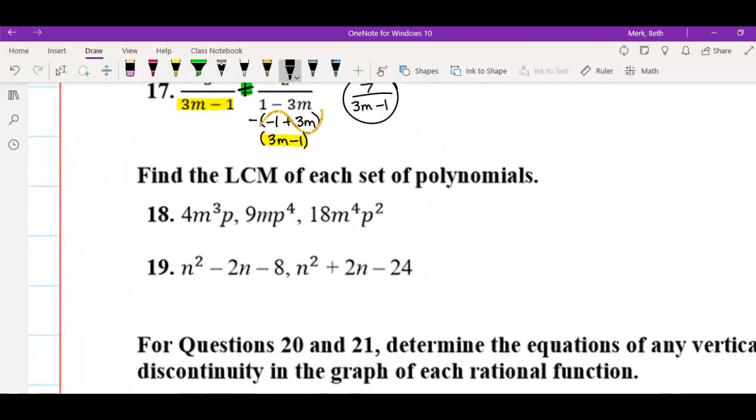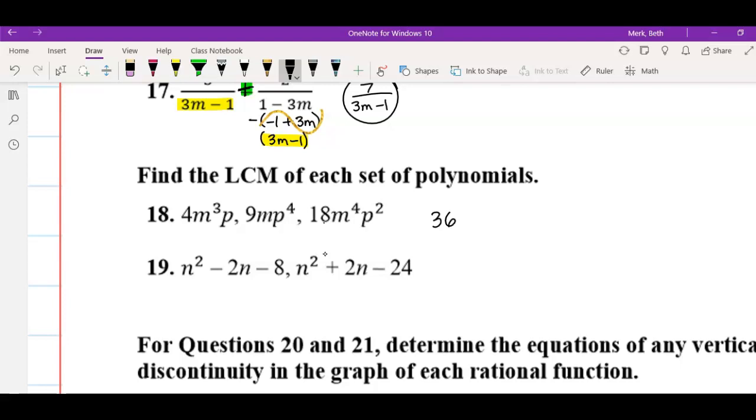All right, let's find the least common multiple of each set of polynomials. That's the smallest number that I can make that would represent all of these. Now I can't just use 18 because 4 doesn't divide into 18. But the next number, 18 times 2 would be 36.